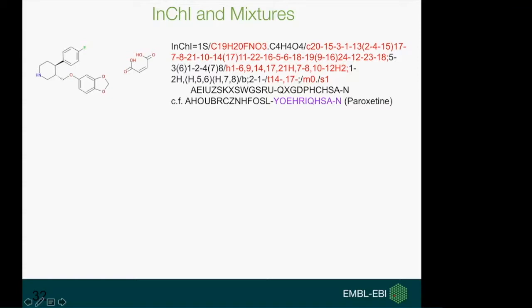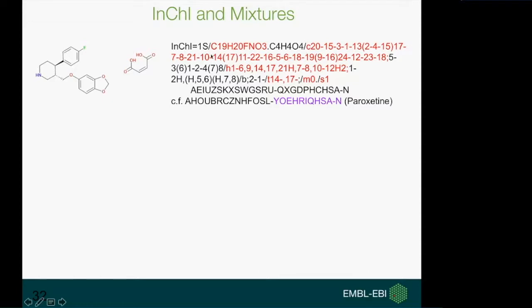But if you go back to the InChI itself, because the InChI is built up in layers, and for mixtures the two components are separated in various ways, you can actually split this out and generate the InChI of the individual components.